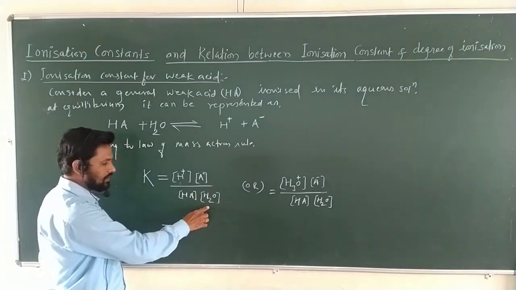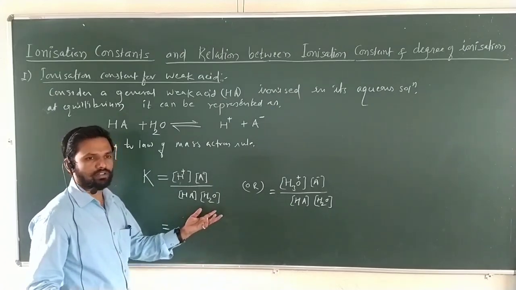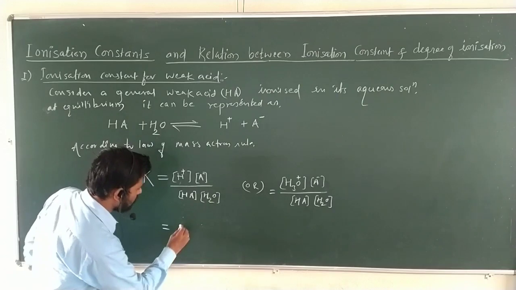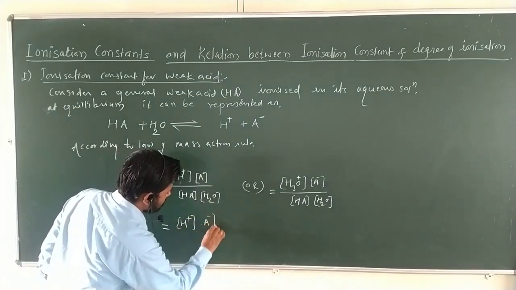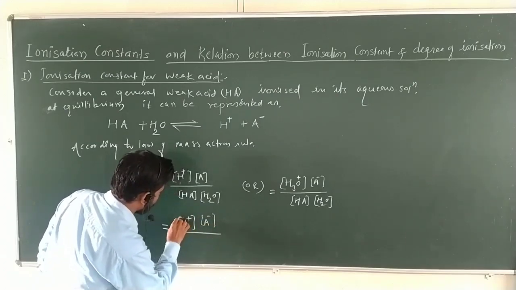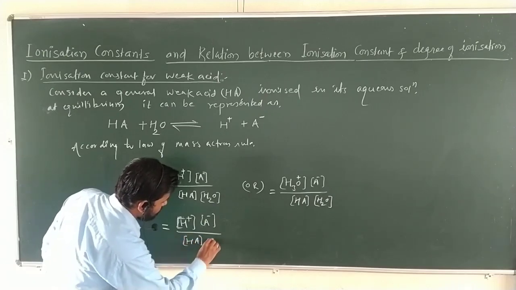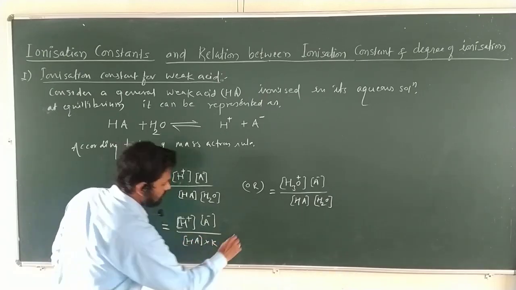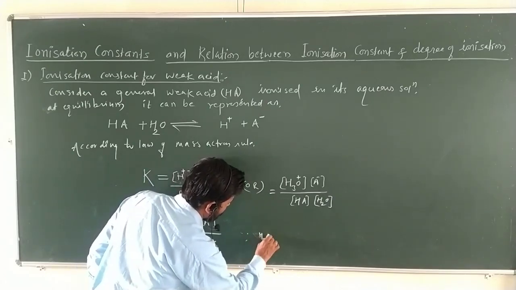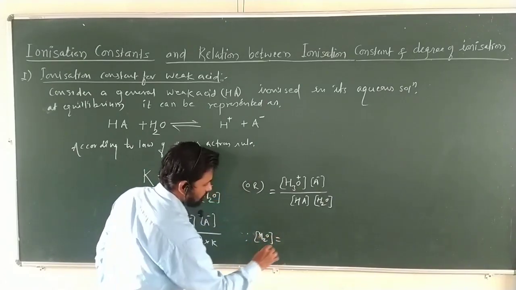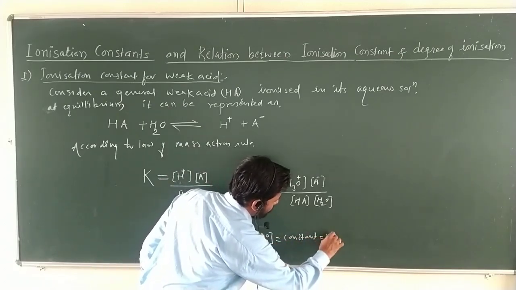Here, we know that water is in excess quantity, which is a negligible quantity. Already it is a constant value. So we can write H plus A negative upon HA, with small k, that is the concentration of water, equal to a constant.